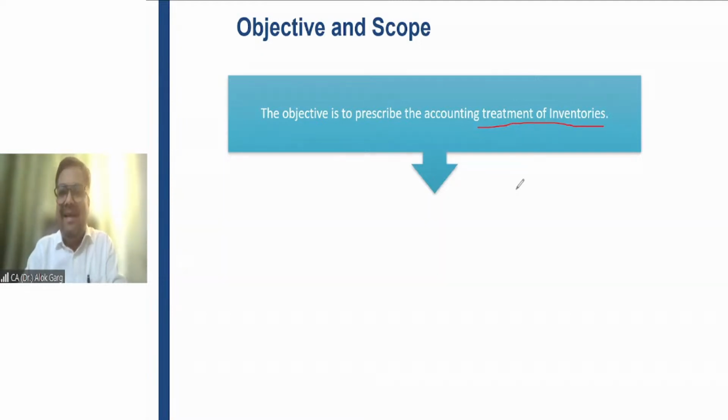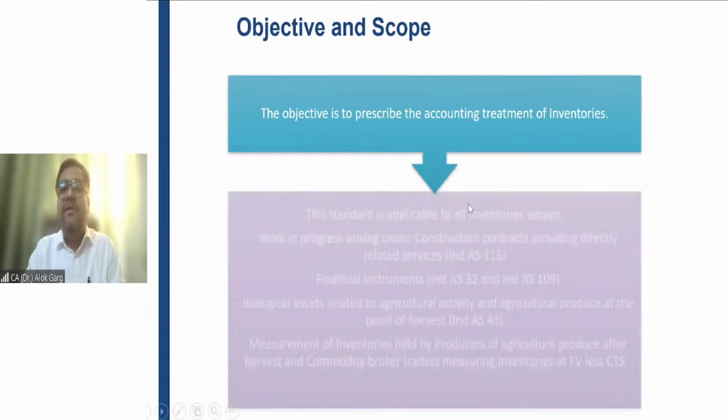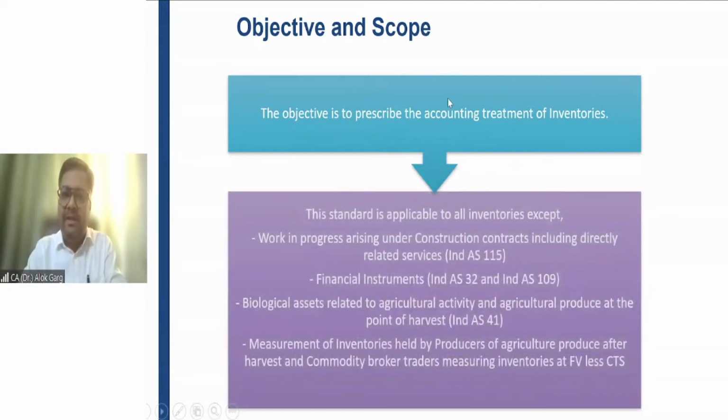Accounting includes, please write down, RMPD. RMPD means recognition, measurement, presentation, disclosure. Which means that this standard provides the recognition principle, measurement principle, presentation principle and disclosure principle in relation to inventory. I hope it is clear to all of you.